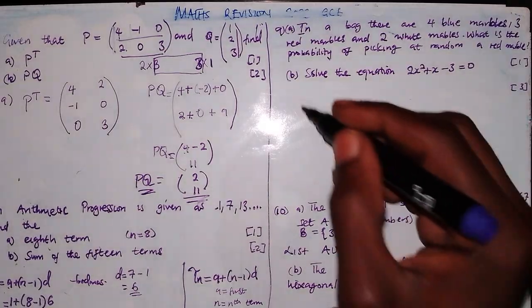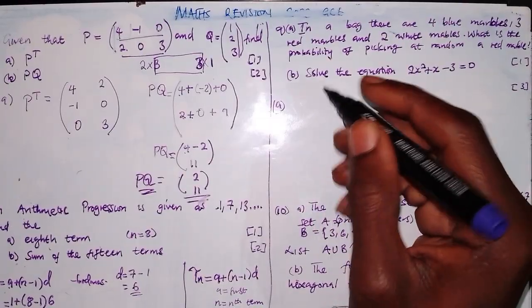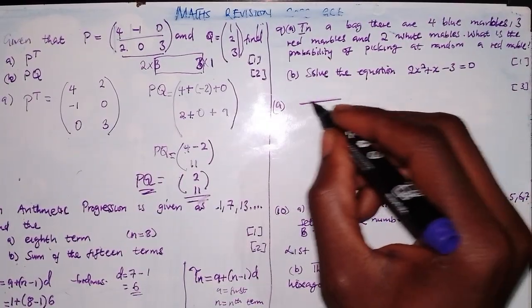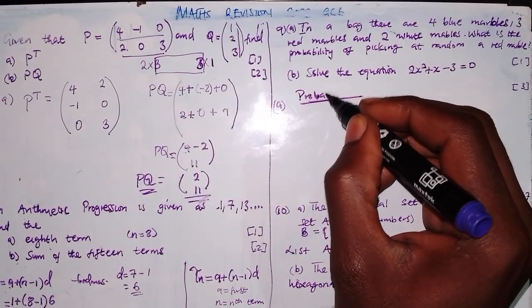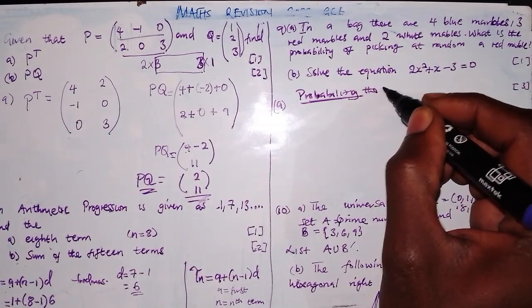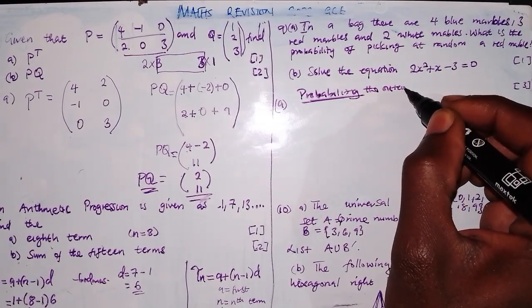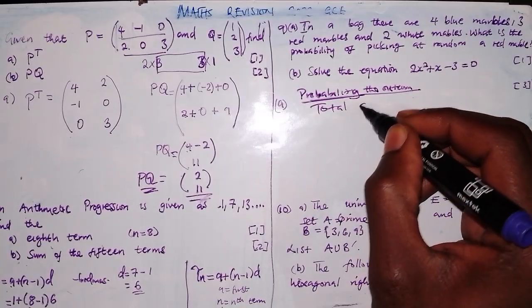So the formula for probability is that the probability of the outcome divided by the total outcomes.